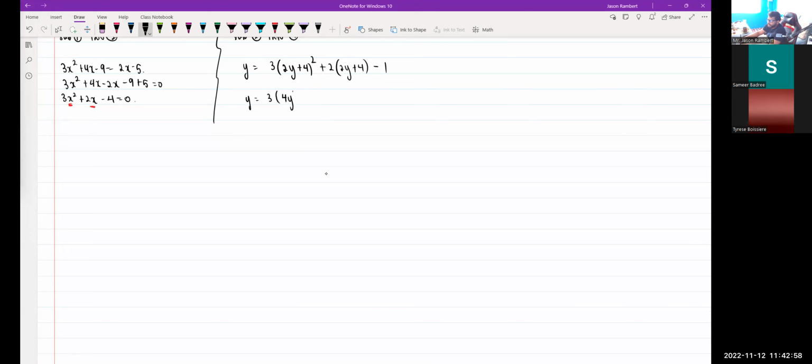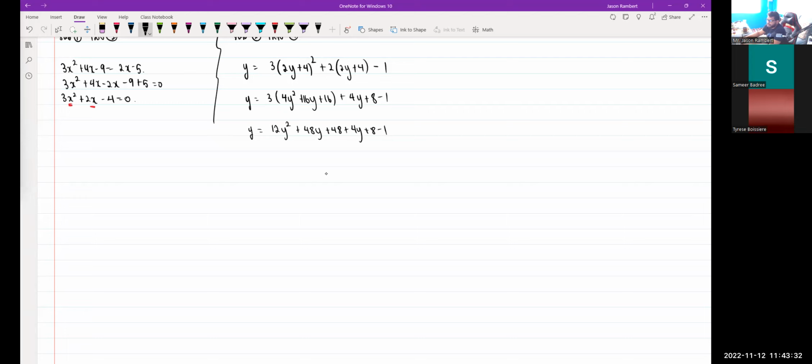I'll get 4y squared. 4 2s are 8y. 8y by 2 is plus 16y plus 16 plus 4y plus 8 minus 1. y is equal to 12y squared plus 16 by 3 is 48y plus 4y plus 8 minus 1.